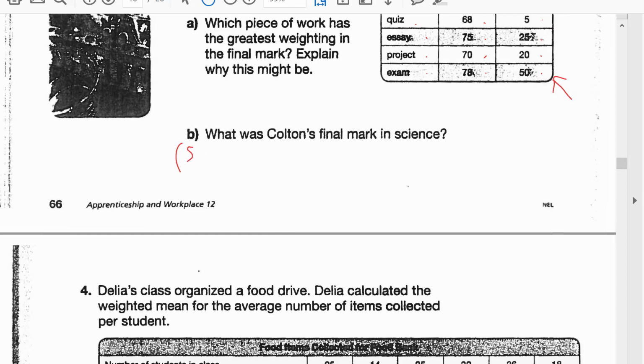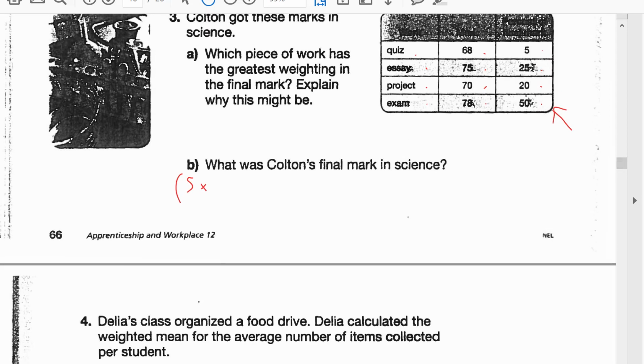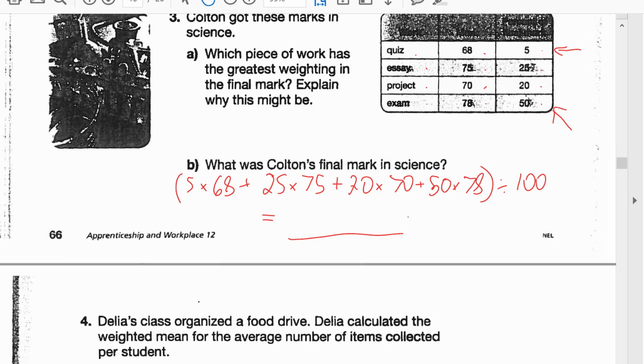You'll have to do 5 times 68, so you can see I'm going to do this, plus 25 times 75 plus 20 times 70 plus 50 times 78 divided by 100. What is his final mark? Let me know.